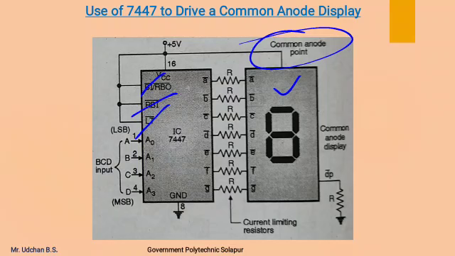The BCD inputs are applied to the A3 to A0 pins. These are the output pins of the IC which are connected to the 7 segments of the 7 segment display. An external resistance of value R is connected in series with each segment to limit the maximum current. This is how we can interface the IC 7447 and a 7 segment display.